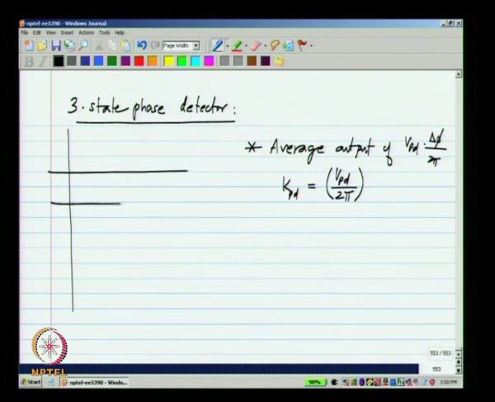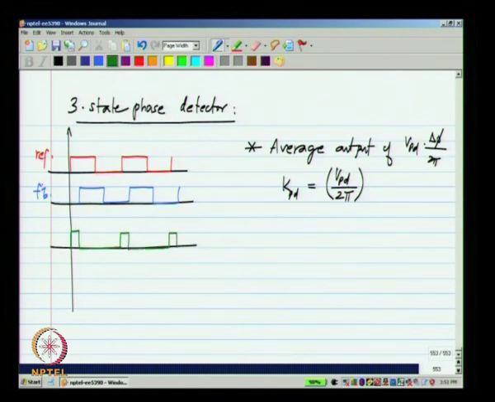As we know, let us say again that the reference is leading the feedback, okay. The output will not consist only of this average, but it will be this time varying waveform that looks like that. Okay.